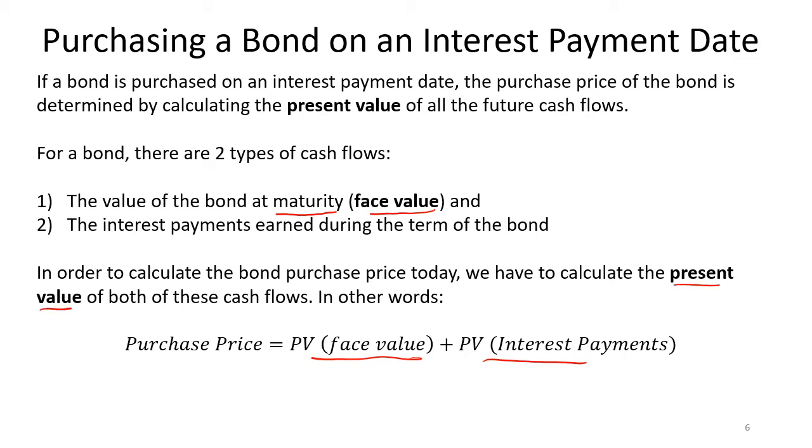What you'll notice is for the face value, it's just a number, say $1,000, 3, 4 years down the road. So you can simply find the present value using compound interest. But for interest payments, it's regular, equal payments, semi-annually or annually. So that is an annuity.